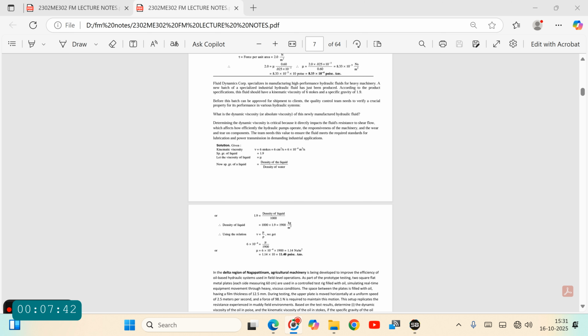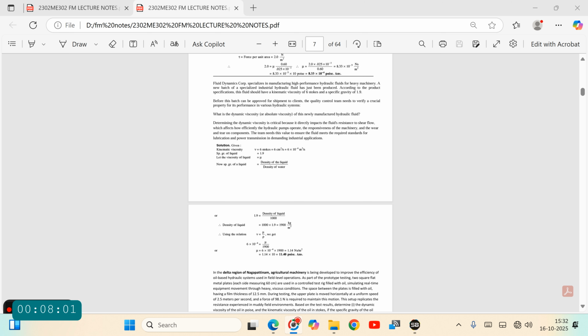Your task is to find the dynamic viscosity, often called absolute viscosity, of this newly manufactured hydraulic fluid.